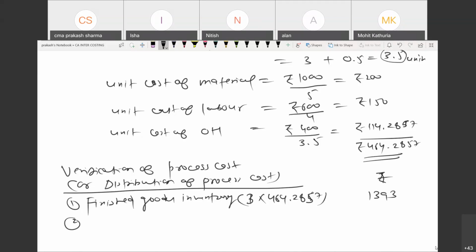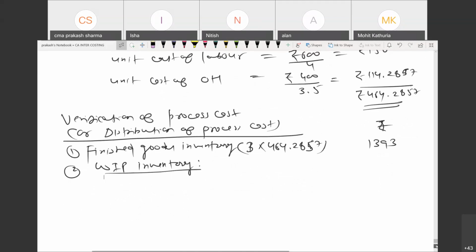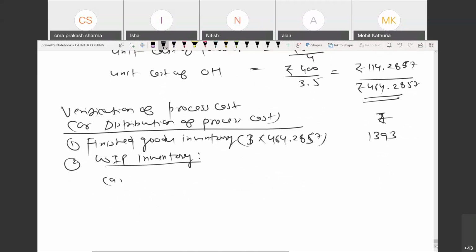Now work in progress inventory. In case of work in progress inventory, I will make calculations separately for material, separately for labor and separately for overhead. It is for material, then labor, and then overheads.